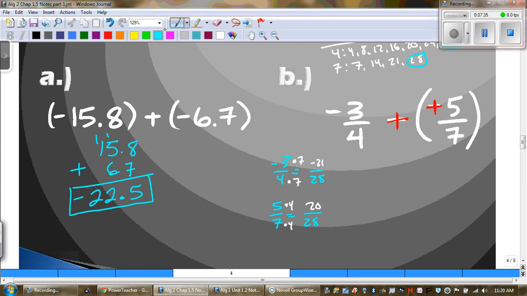So our new problem now is -21 over 28 plus 20 over 28. And now our denominators stay the same. And -21 plus 20 is -1. Sorry.